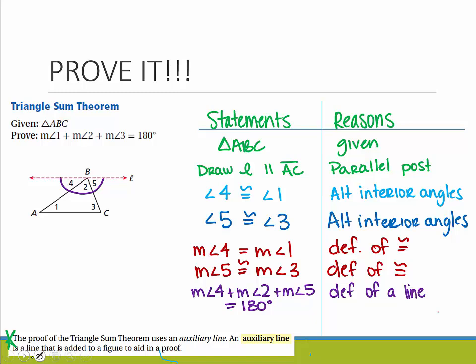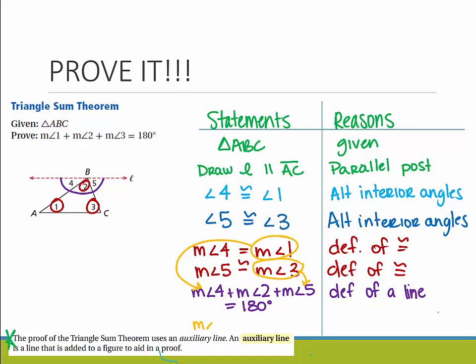And now we're going to do some substitution. Remember, our goal is to prove that 1, 2, and 3 add up to 180. So if I know that 4, 2, and 5 add up to 180, I can substitute. Angle 5 and angle 3 are exactly the same, so we're going to plug that in there. And angle 1 and angle 4 are exactly the same, so we're going to plug that in there.